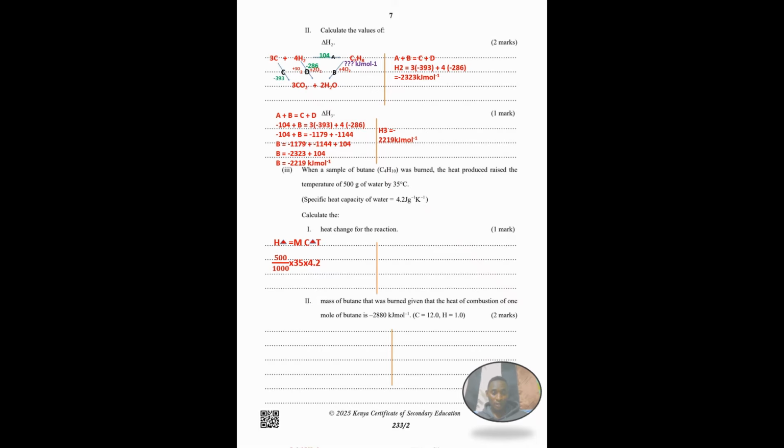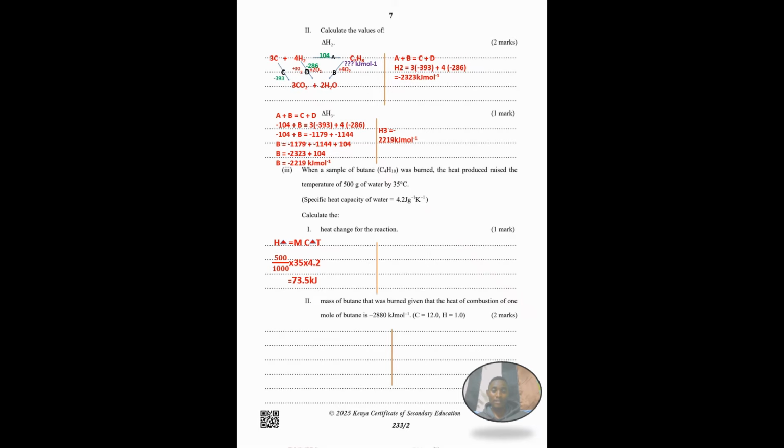In this case, we have 500, and because 500 is in grams, the mass of water, I divide by 1,000 to convert it to kilograms, and then I multiply by the temperature rise, which is 35 degrees Celsius, and in this case, it is 35 Kelvin. We just do automatic conversion, 35 Kelvin, and then I multiply by 4.2, in this case kilojoules per kilogram per Kelvin, and I'll be able to get the energy change as 73.5 kilojoules.